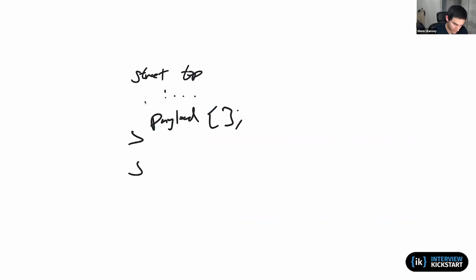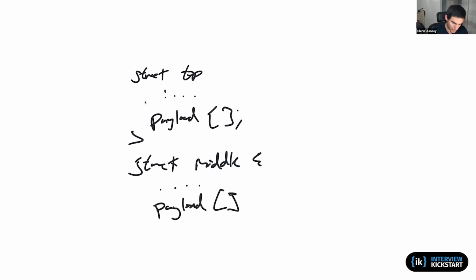Then we have some other structure that represents our middle layer, our middle header, that similarly has some header fields and a payload. And we can go on down the line. I've actually implemented cases where we had 3 or 4 layers of nested flexible array members because we had multiple headers that we wanted to pop on or off the data at different points in our framework, in our stack.